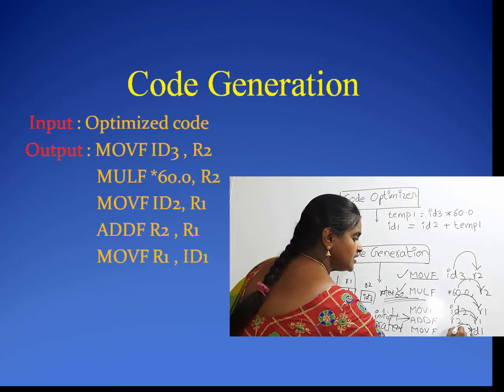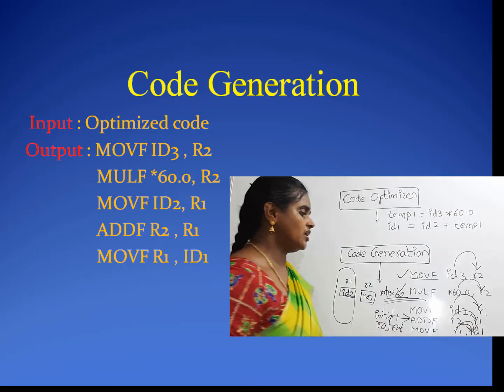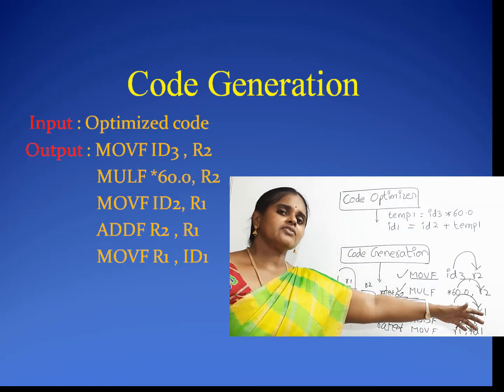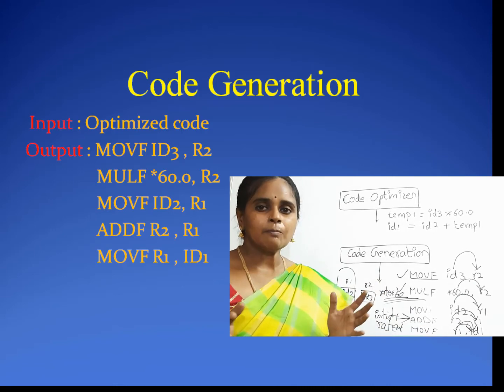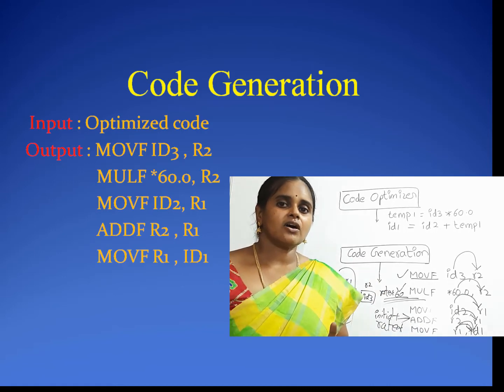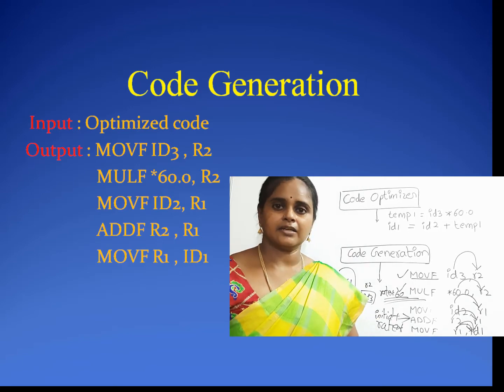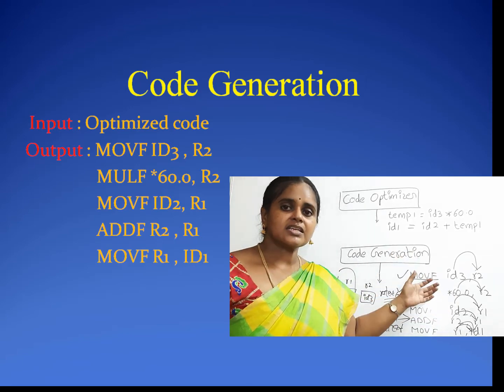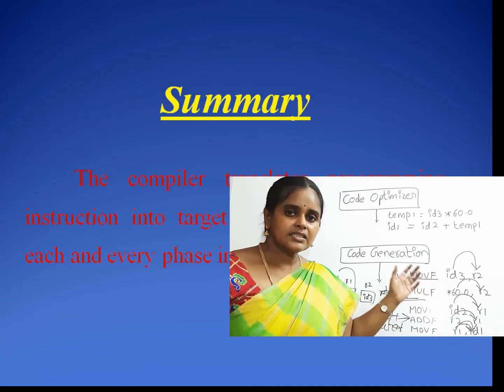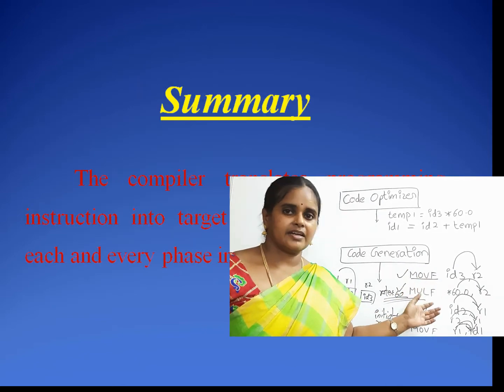Move F means that R1 value is finally moved to ID1, which is what we want. Yes, this is completely the phases of a compiler. This is the example, and here we have considered a C statement.